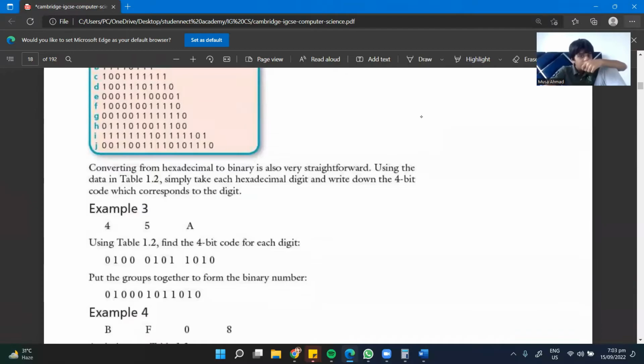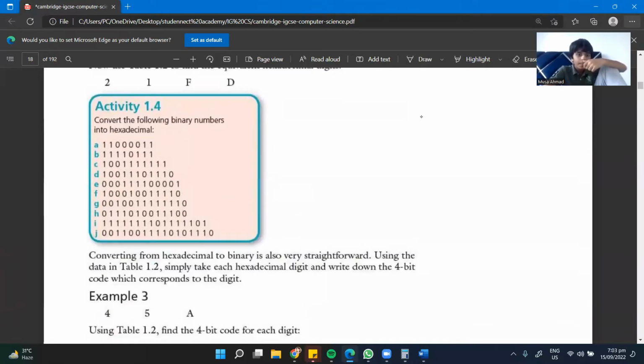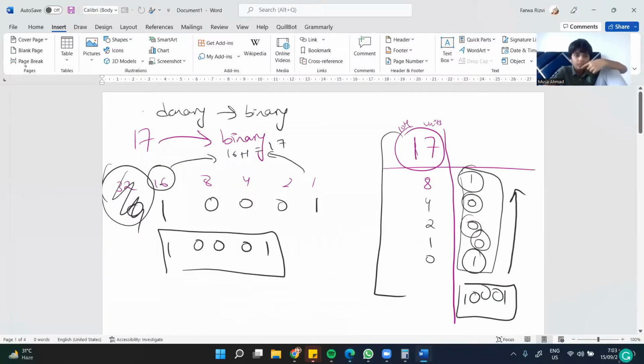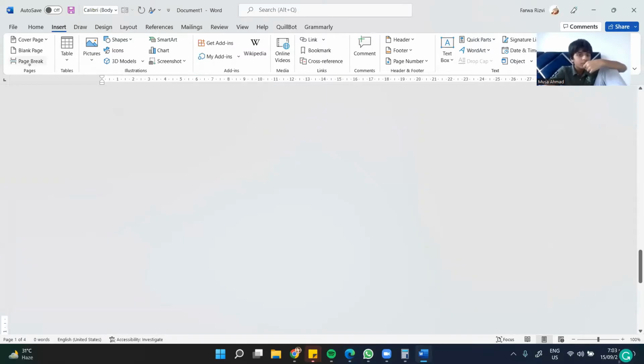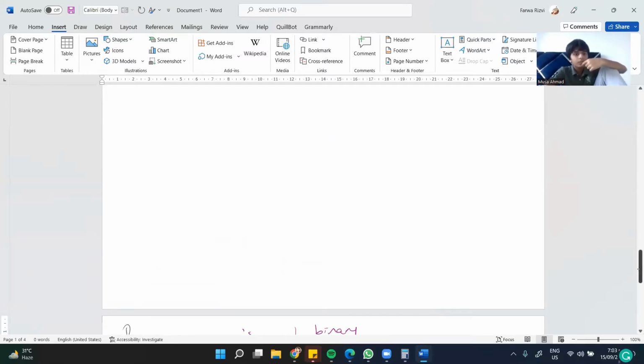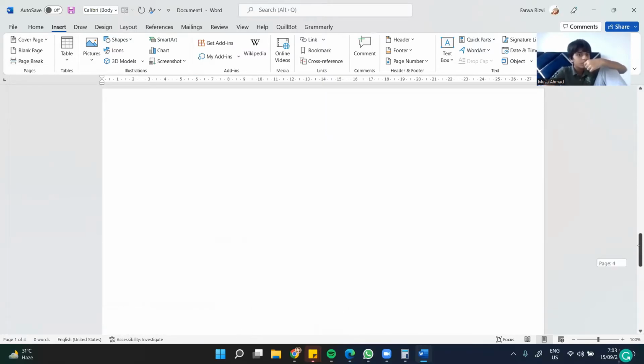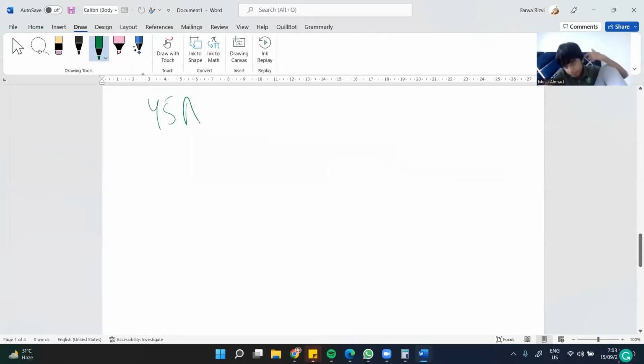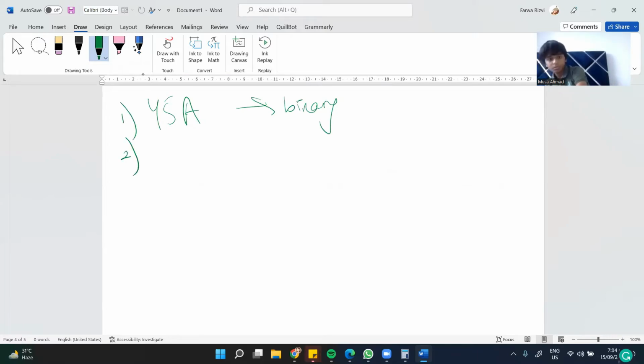All right. Can you try converting this 45A? Let me write it down here. 45A to binary. This is the first question. I'll write down a few more here.